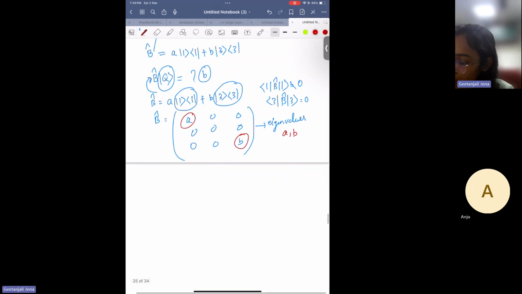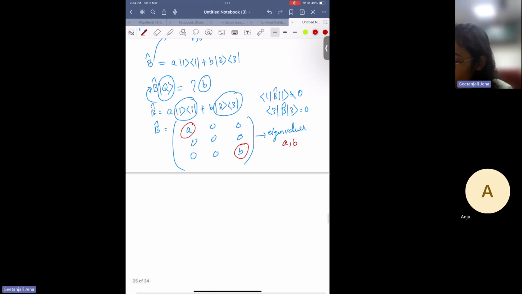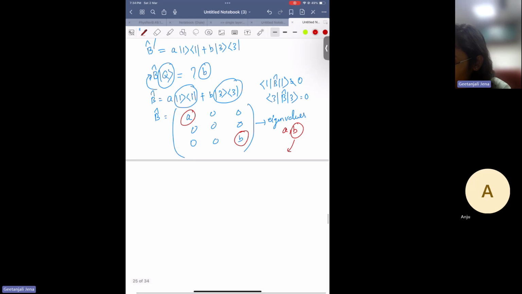So you have found the eigenvalues. Now it is asking what is the probability of getting b here. That means what is the probability of getting the eigenstate related to the eigenvalue b. So how can you find the eigenstates of eigenvalue a and eigenvalue b? B is written as a |1><1| plus b |3><3|.